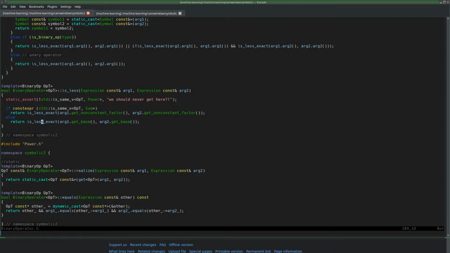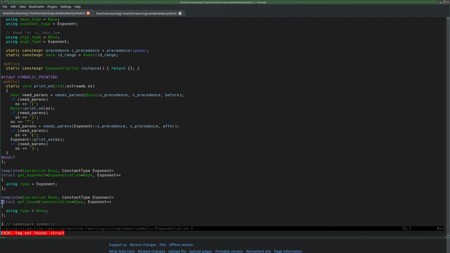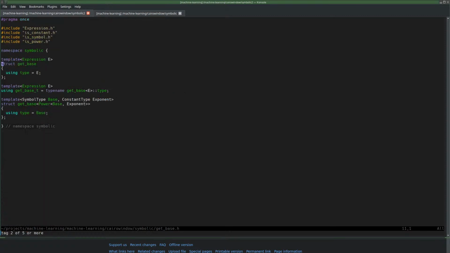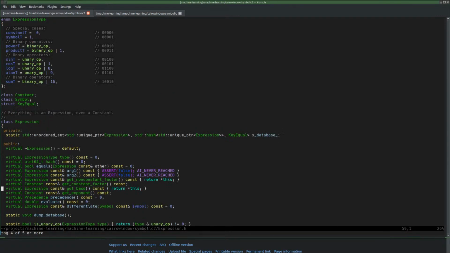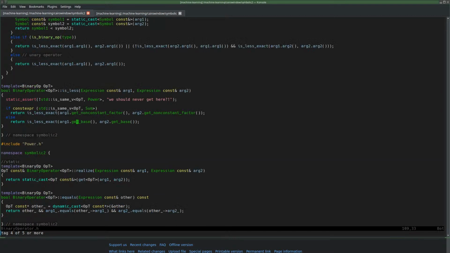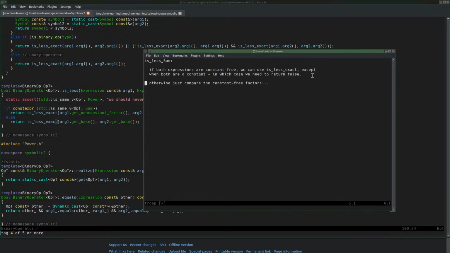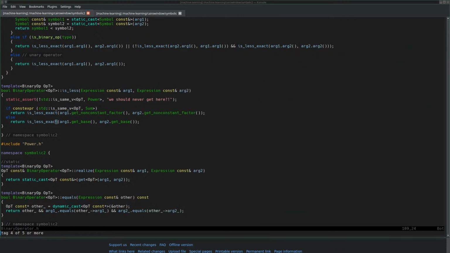And then get base is not defined for a constant, which means that it just uses the default, which is return as is. So then we get an is less exact on 2 constants, which might be true, and that's not allowed, as we just found. That was this remark. Except when both are constant, in which case we need to return false.